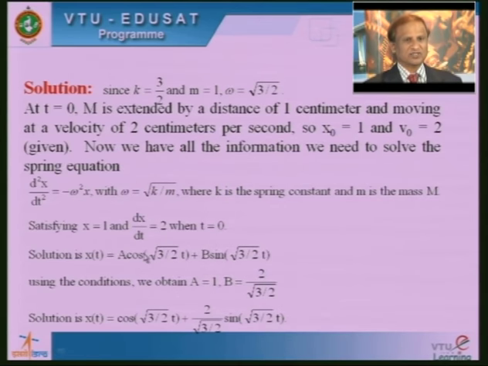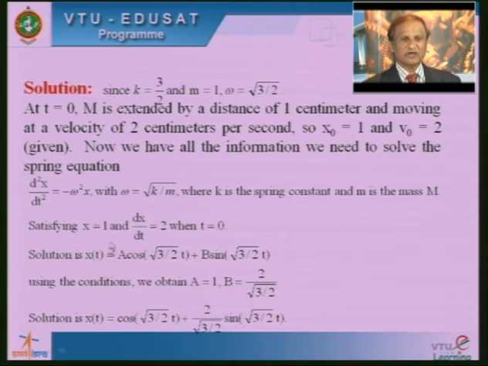From the roots you are able to write down the solution. How are we going to write the solution? x of t is equal to a into cos of square root of 3 by 2 t plus b into sine of square root of 3 by 2 t. Again, by using the superposition principle, we are able to write it in this form.